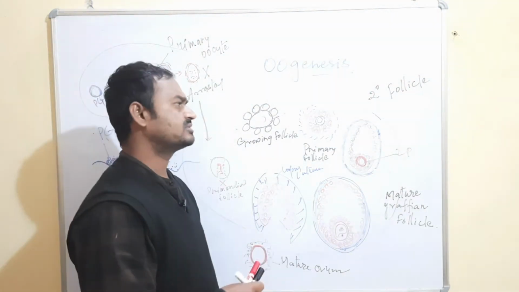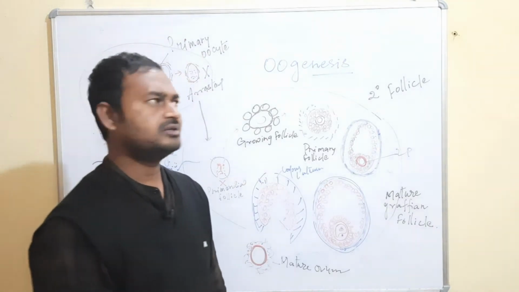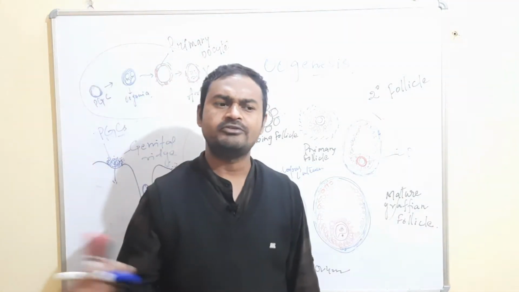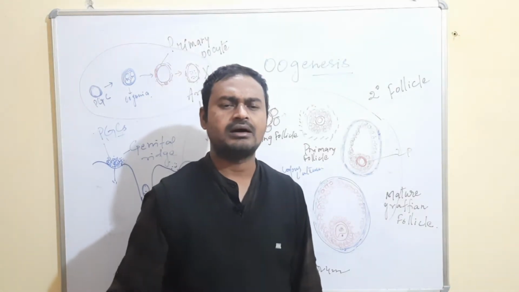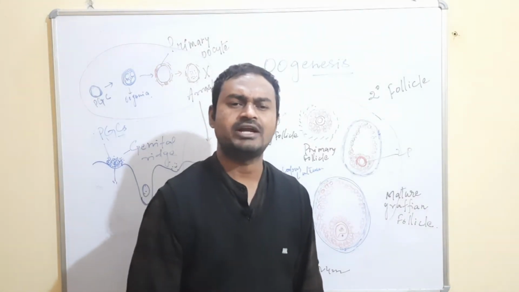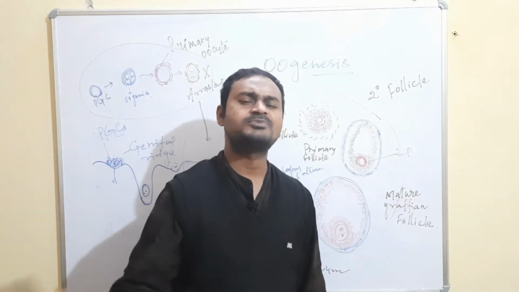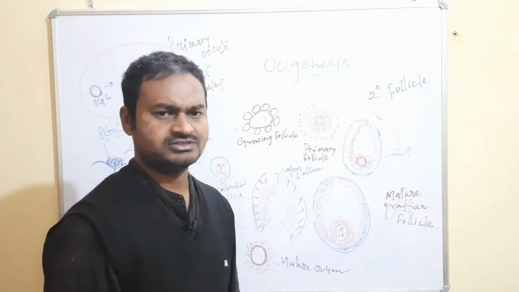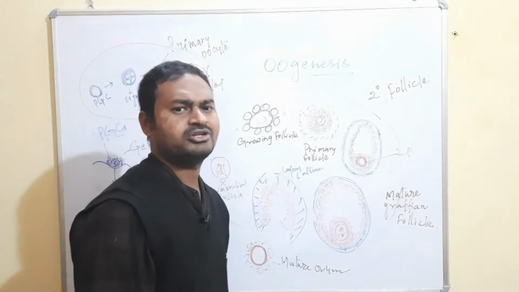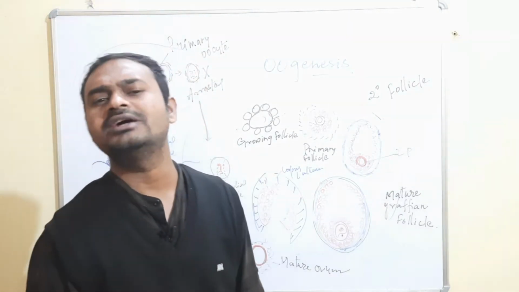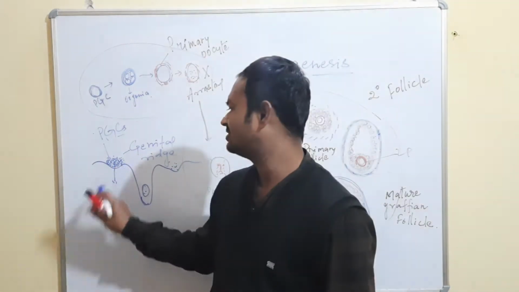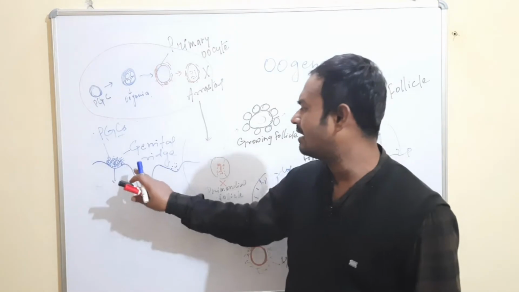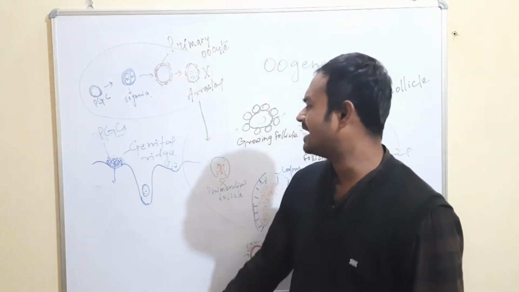We will discuss this process in quite some detail, and we will start this lecture from the previous topic, after the formation of the progenital cells. We have already discussed in the first spermatogenesis lecture how the progenital cells originated and how they reached the genital ridge.